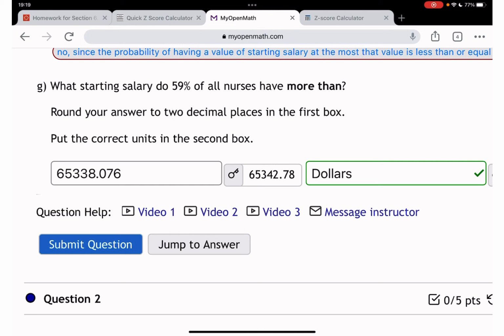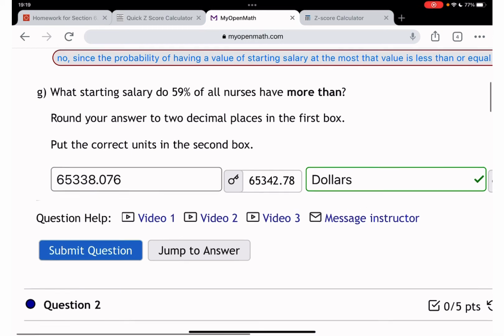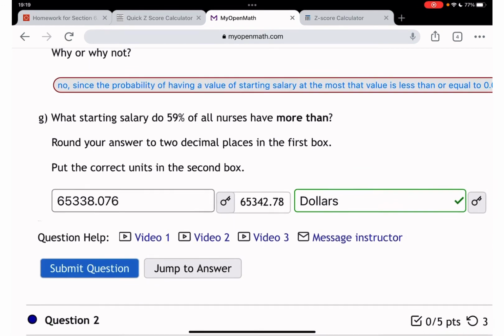So we got close enough, but 65,342 doesn't match 65,338. If you get such a situation, just contact me and I will correct it.